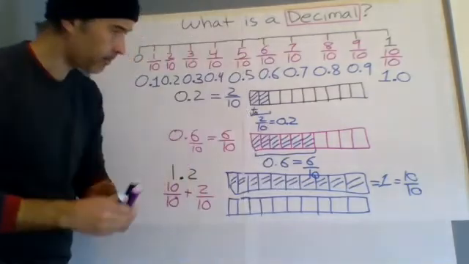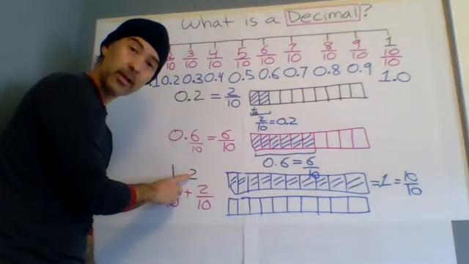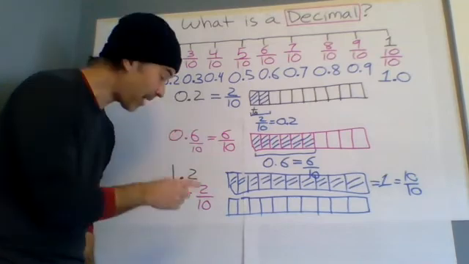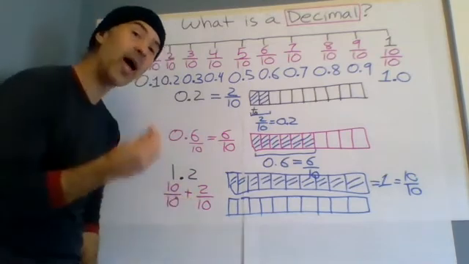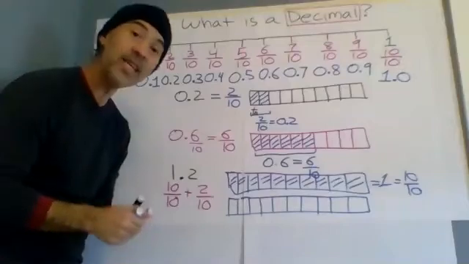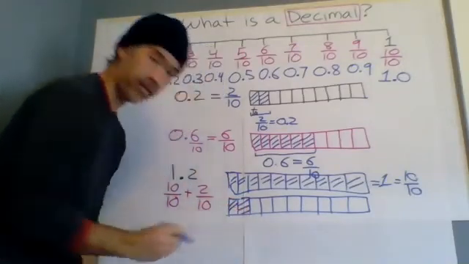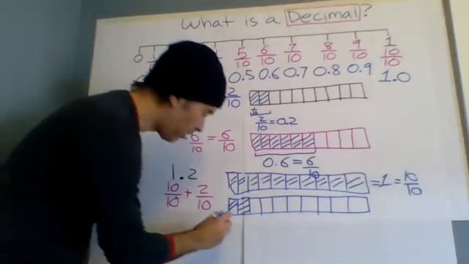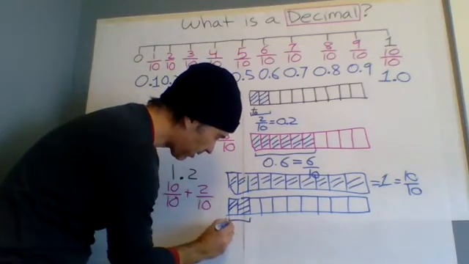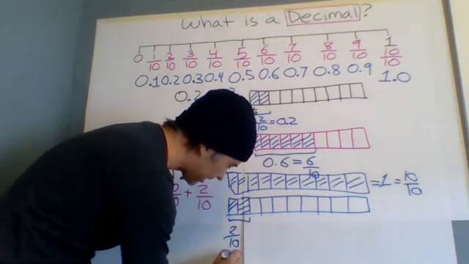But it's decimal 2, which is the same as 2/10. So how many parts am I using? Right, only 2/10. This tenth and this tenth. So this part here represents 2/10, or this is my 0.2.